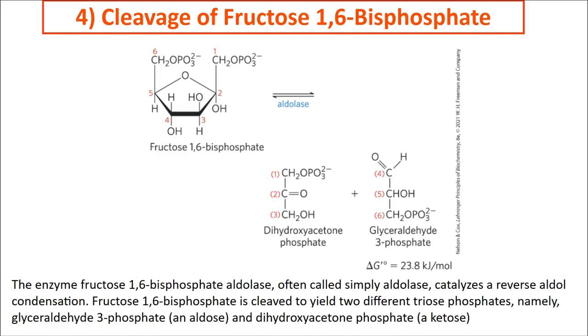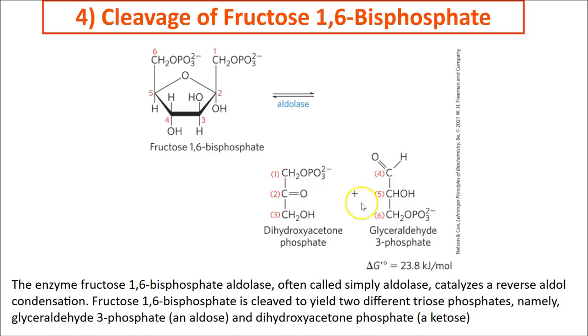And then we go to the 4th stage, which is the cleavage of fructose 1,6-bisphosphate. And you have that cleavage that happens between carbon 3 and 4, and it produces 2 molecules, glyceraldehyde 3-phosphate and also dihydroxyacetone phosphate.